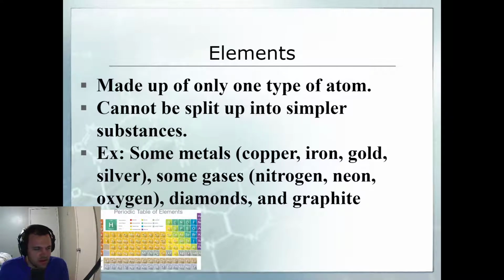Nitrogen, neon, oxygen, and then a bunch of other less common ones are pure elements. And then something that you use every day, graphite in your pencil, the lead in your pencil, is pure carbon. And then diamonds are also pure carbon. They're just arranged in a different structure, so it gives them different properties. And I mean, there's tons of other examples, but those are some ones you might be familiar with.